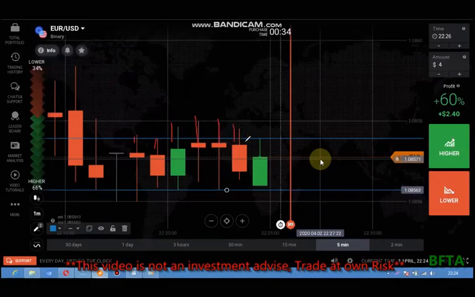But if I want to draw the complete area, I will start from this highest point, then the lowest body of any bullish or bearish candle. So I will use that as my seller's area from here to here.